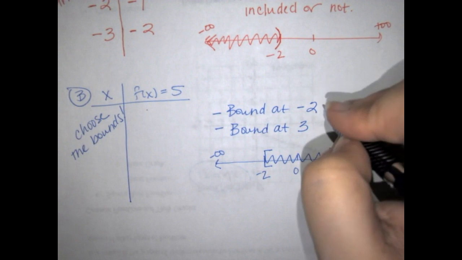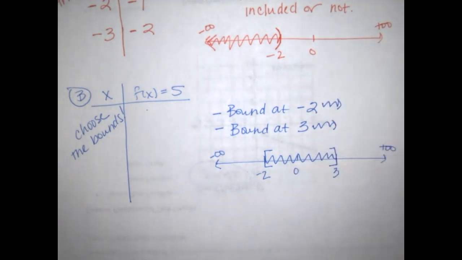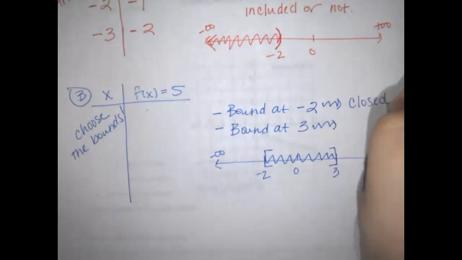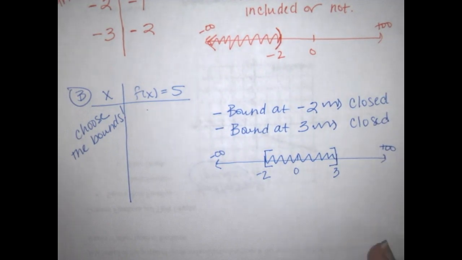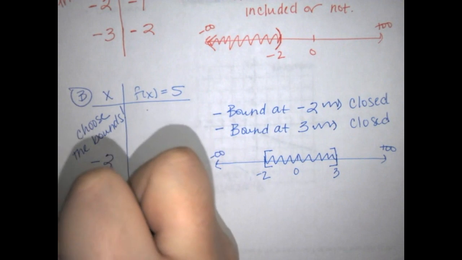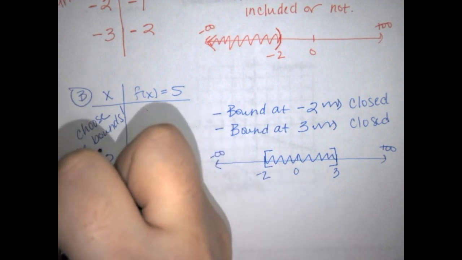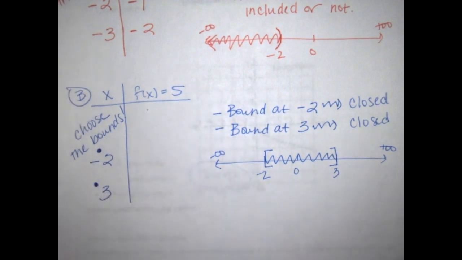Okay? So that means if we're talking about these bounds, because they both have equals to, both of these would be closed. Closed meaning included. So I have to use my 2 bounds, -2 and 3. And for both of them, I would put a solid circle next to them because they're both included.